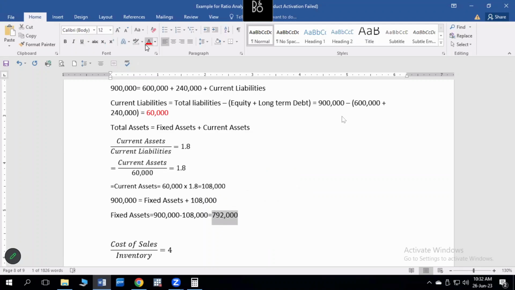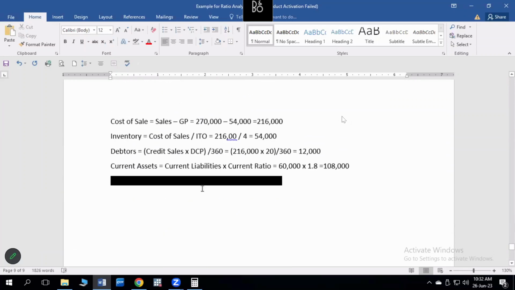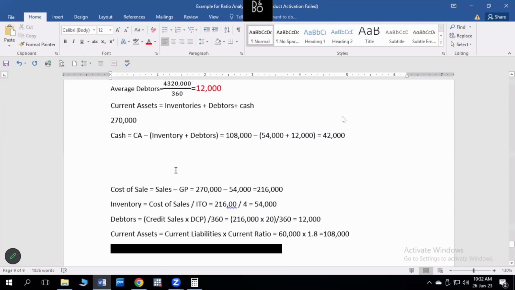So equal to inventory you found as 54,000 plus the debtors you found as 12,000.